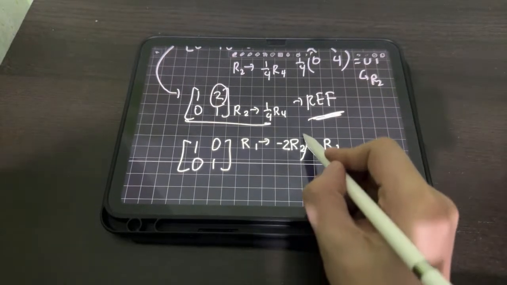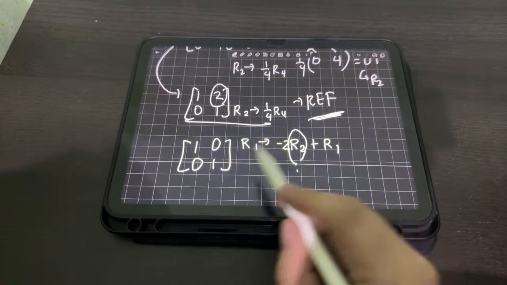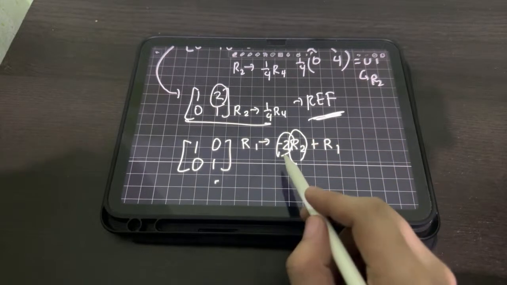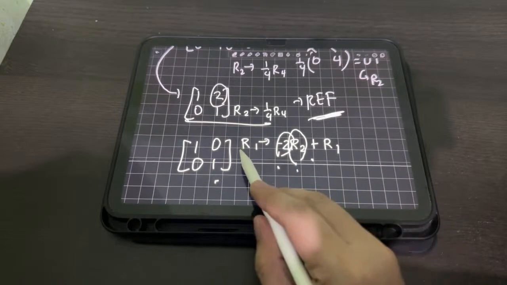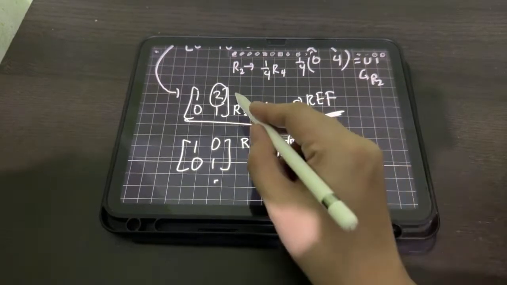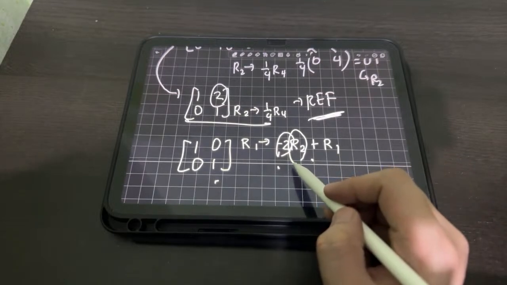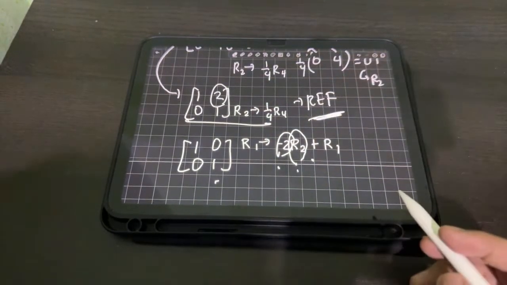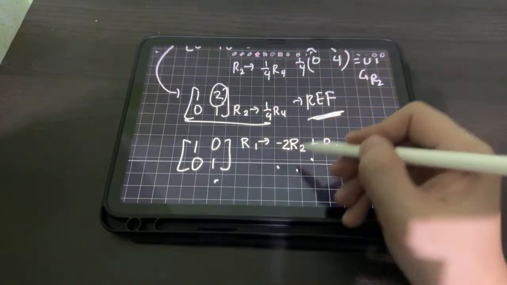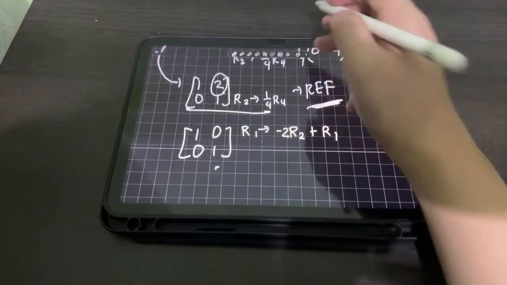If we add the multiple of R2, which is negative 2, plus the first row here, it turns out to be that this 2 will become 0. So if you cannot visualize yet, you can write the operation.